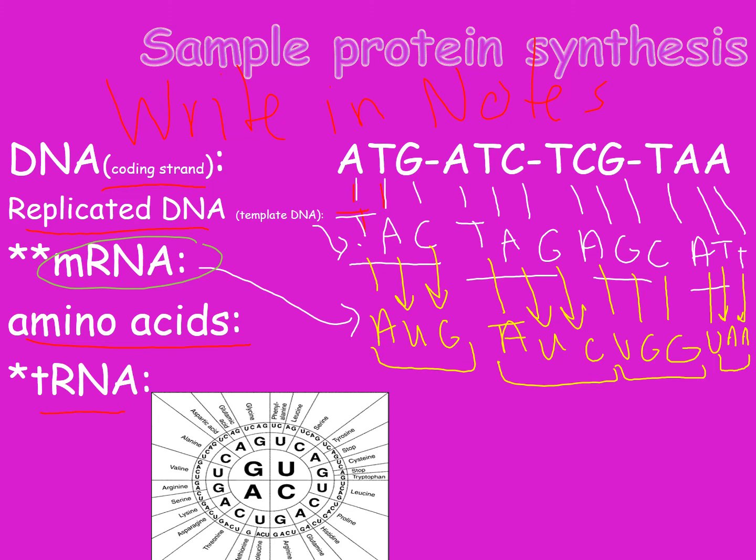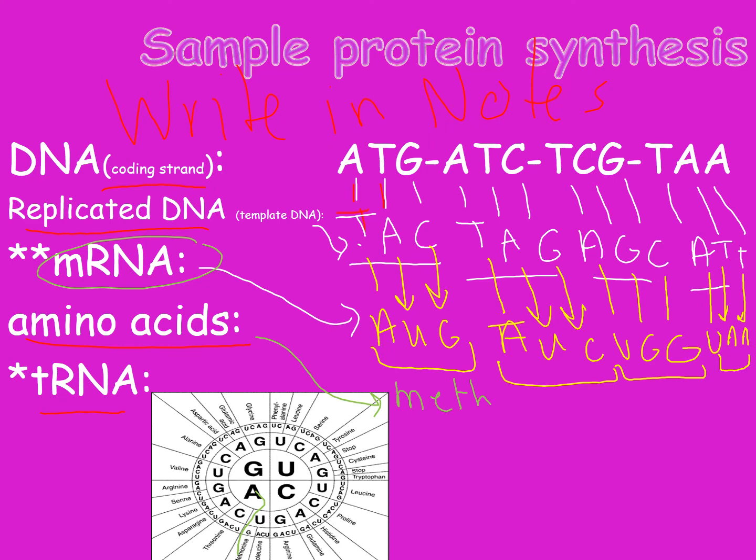All right. As you see here, I know this is small, but AUG, that's methionine. So I'm writing down my amino acid. And again, I'm going to make a little arrow so you can just kind of make sure. And next one is AUC. I can't see the full word for it, but it's here.